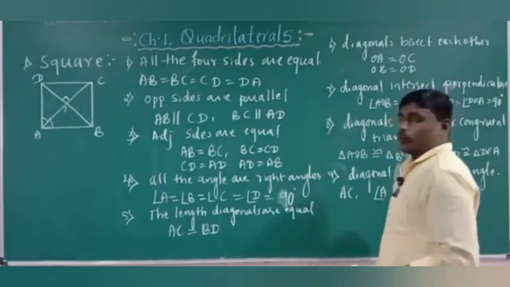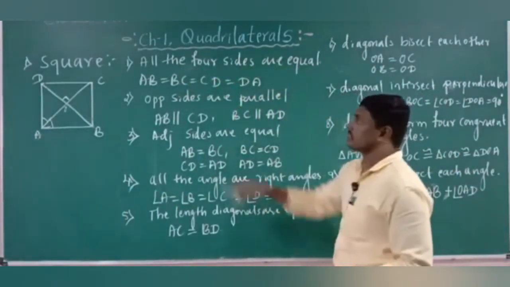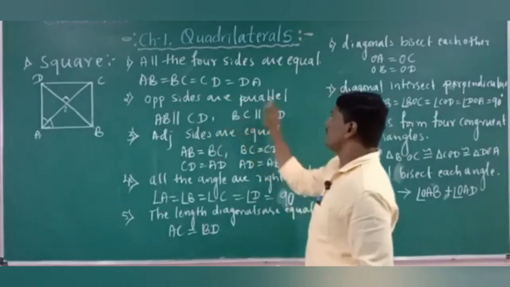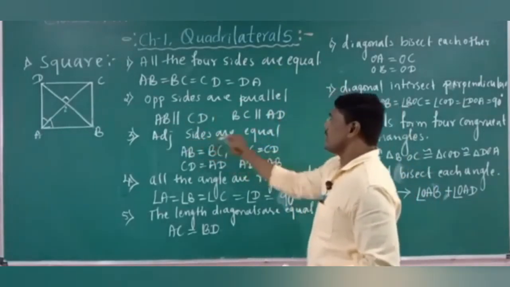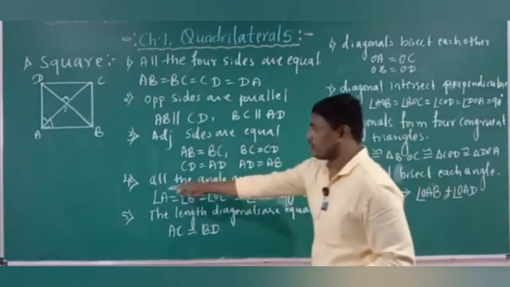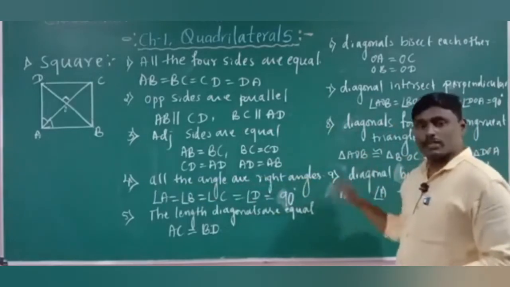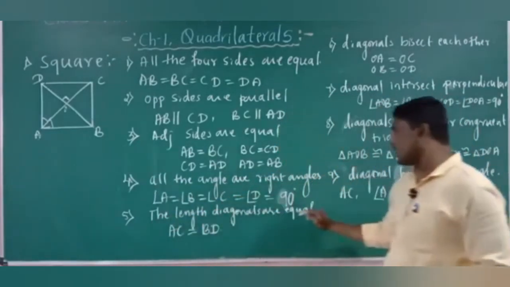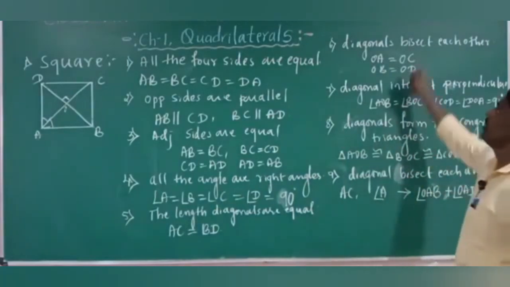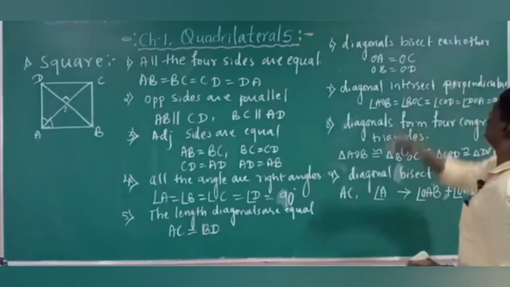What are the properties? First one, all four sides are equal. Second one, opposite sides are parallel to each other. Third one, adjacent sides are equal. Fourth one, all the angles measure 90 degrees. Fifth one, the lengths of the diagonals are equal. Sixth property, the diagonals bisect each other.